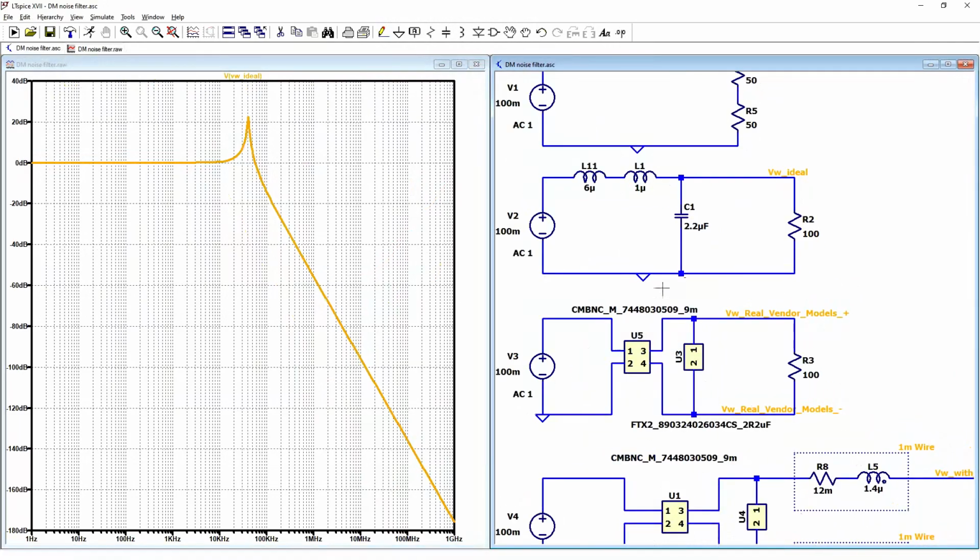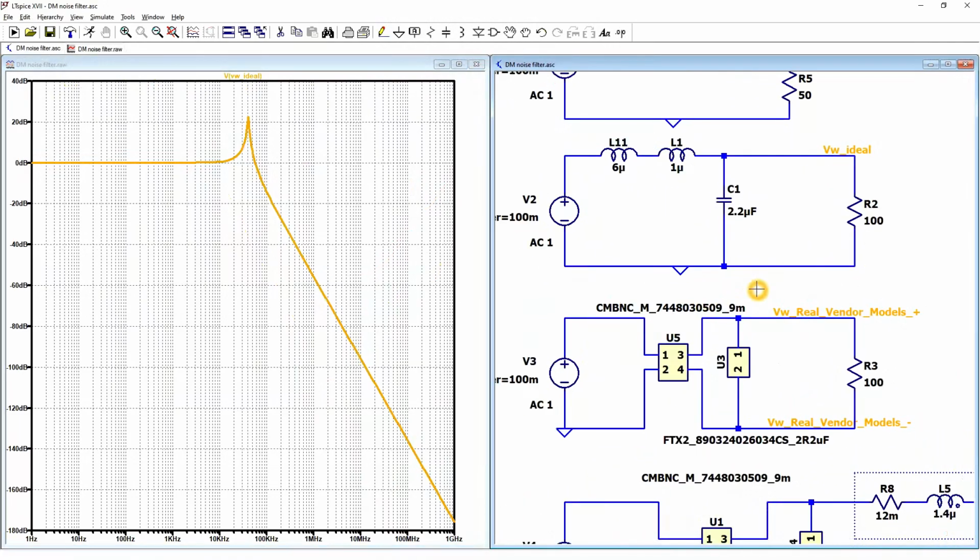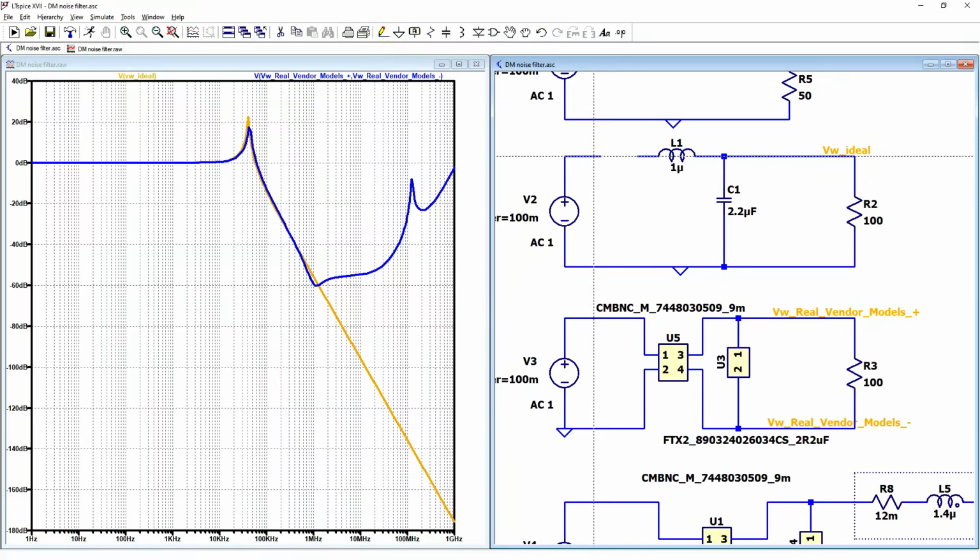What you can do here is check how much leakage inductance the model of the common mode choke provides. So let us check that. I can delete this inductor, put a wire here, press run.